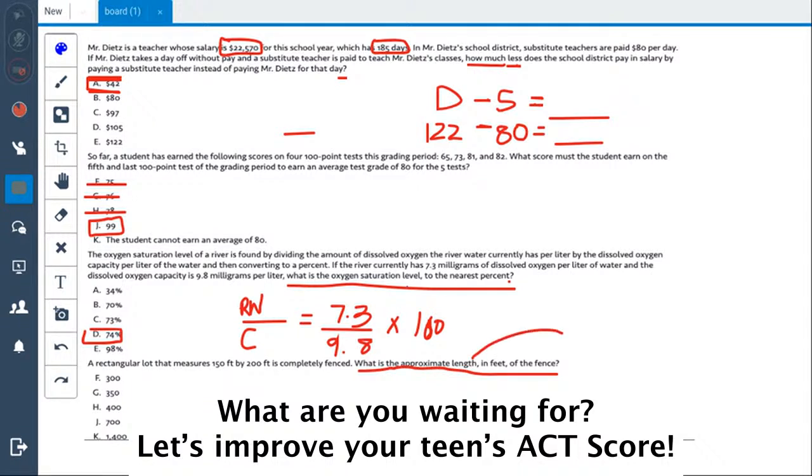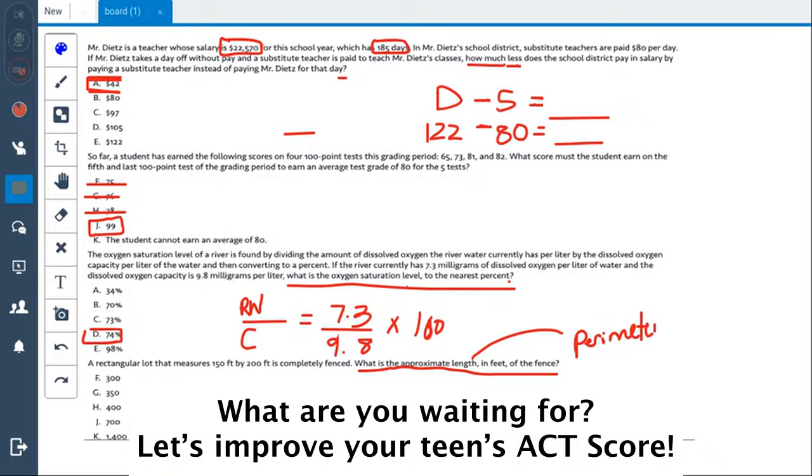Length, that should be a signal to you that we're going to be calculating the perimeter, right? Because the fence goes around something, just like perimeter goes around, and that's how long the fence needs to be, long enough to go around the outside of the shape. So we're looking for perimeter here.